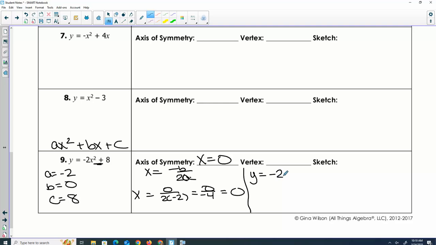Y is -2 times 0 squared plus 8. So the ordered pair, x comma y, 0 comma 8. All right, and my sketch, upward or downward?